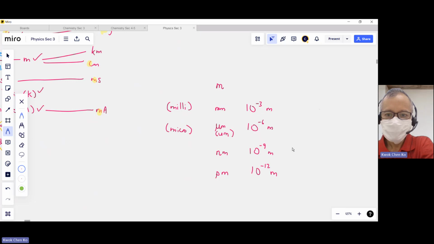Let's just talk in terms of length. After all, meter is a unit for length. At this kind of size, you're talking about microbacterial size. Further down, you're talking about atoms, molecules, electrons even, subparticle sizes.